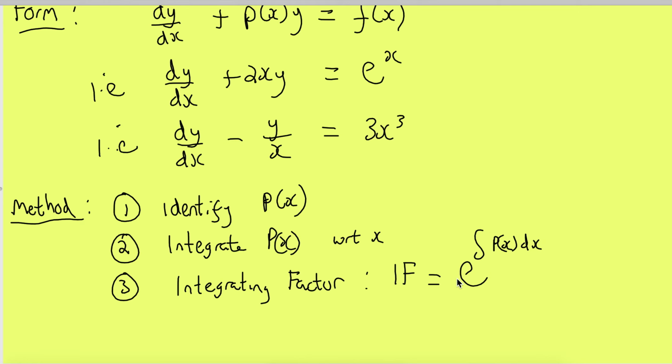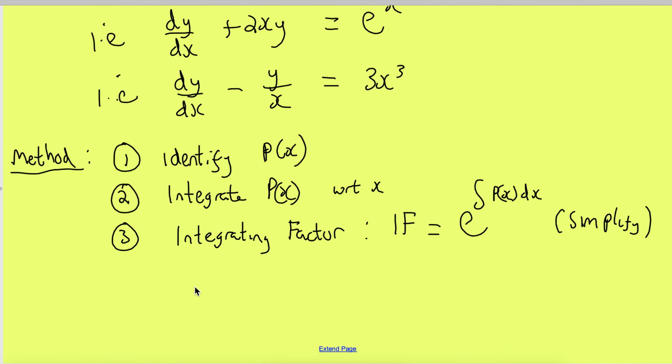So effectively your integrating factor is e to the power of whatever we've worked out in part 2. That's why we do these 2 steps first. Now, make sure you simplify your integrating factor if you can. It makes it a lot easier.